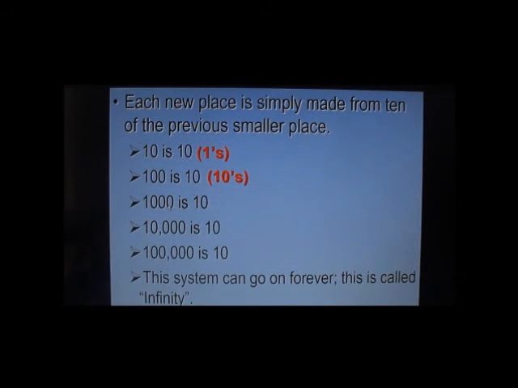And 1,000 is 10 hundreds. 10 times 100 equals 1,000. And 10,000 is 10 1,000s. That kind of makes sense. 10 1,000s is 10,000. And 100,000 is made up of 10 10,000s. And it goes on and on and on. And that's where we get that word infinity.